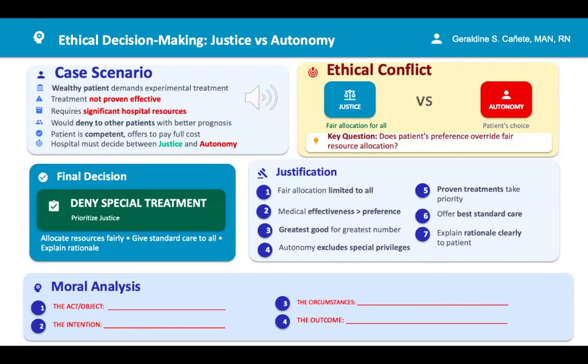Under what circumstances, if any, would it be ethically justifiable to provide experimental treatment to the wealthy patient? And how should hospitals balance the needs of individual patients with the needs of the community as a whole? So again, you can write your thoughts about these things in your journal.